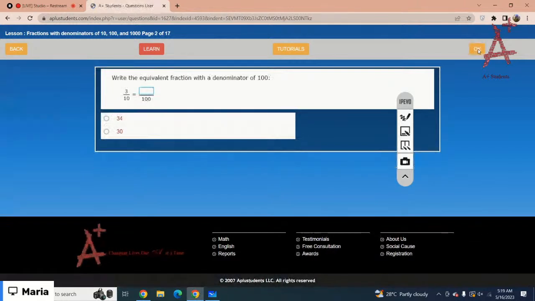Okay, the next one is write the equivalent fraction with the denominator of 100. So which is the correct option?